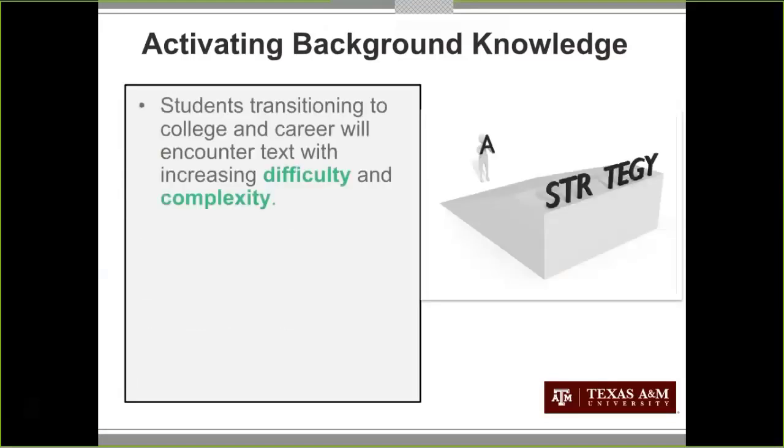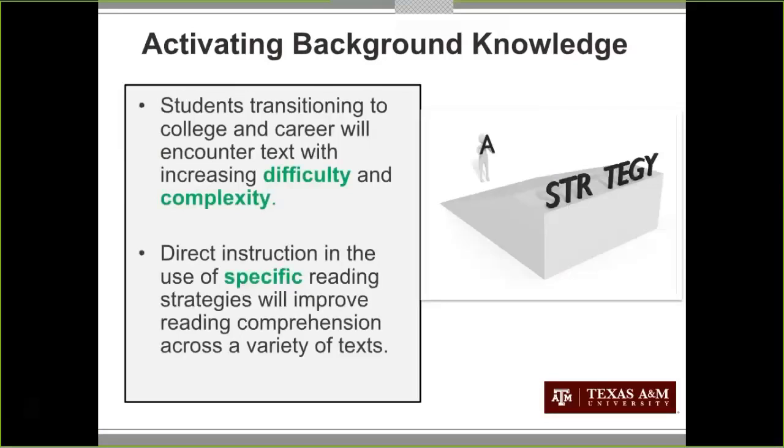So let's look at the next slide. And here, students transitioning to college and career will encounter text with increasing difficulty and complexity. And next point. So direct instruction and the use of specific reading strategies will improve comprehension across a variety of texts.